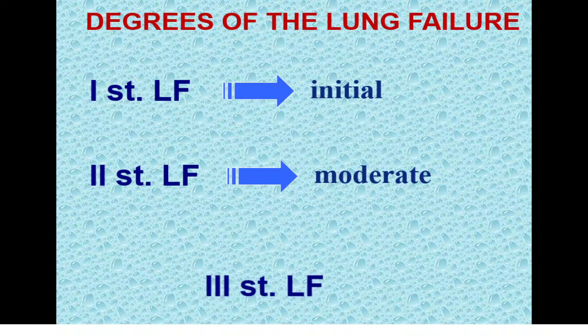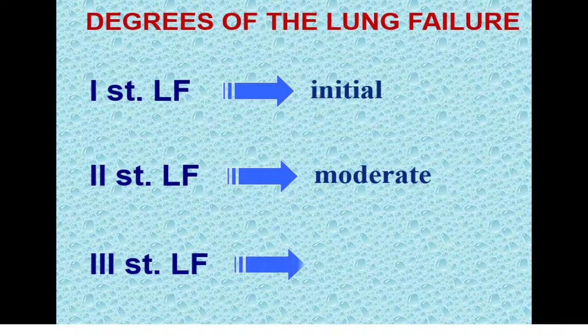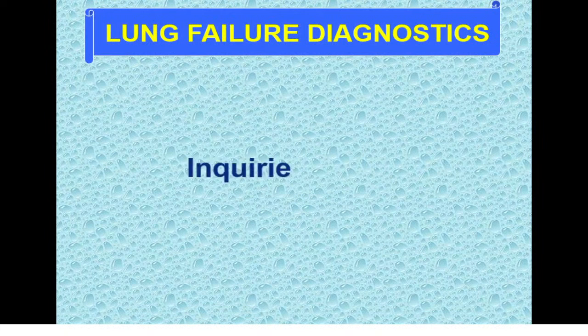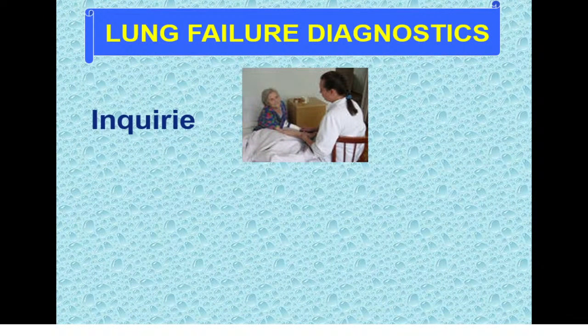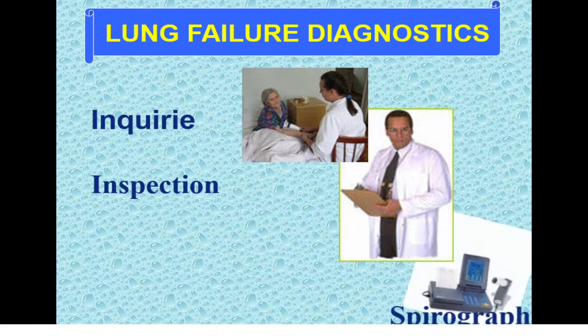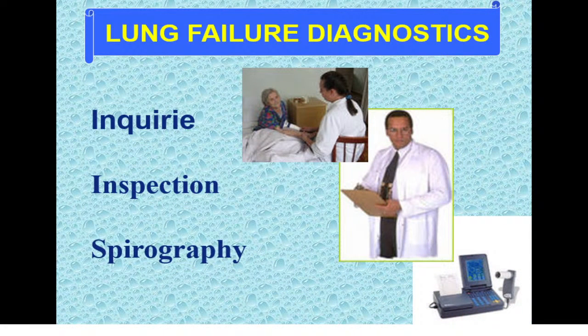And third, terminal final stage, pronounced because of involvement of other organs in pathological process. If we are talking about diagnosis of the lung failure, it's based on complaints of the patient which shows decreased activity of breathing, visible signs of diseases, and objective signs, result of spirography examination.